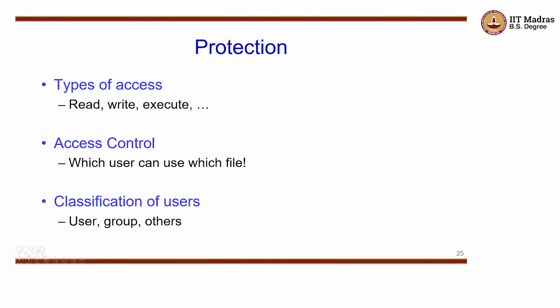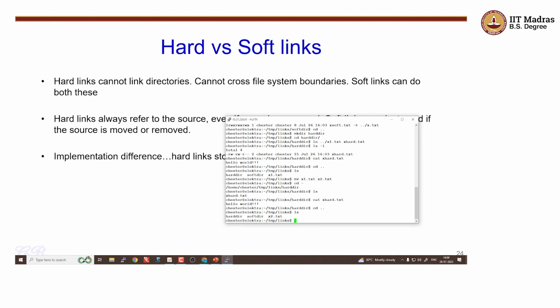It also has properties like the user or the owner of the file, which defines who is the user of this particular file, and it also classifies files into different groups. These groups and users are used to decide whether permission should be given for a particular process to access a particular file. So, associated with every file, as we have discussed, is the inode and the metadata for that particular file, and it is uniquely identified by an inode number.